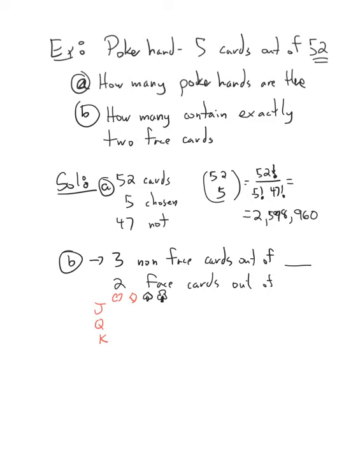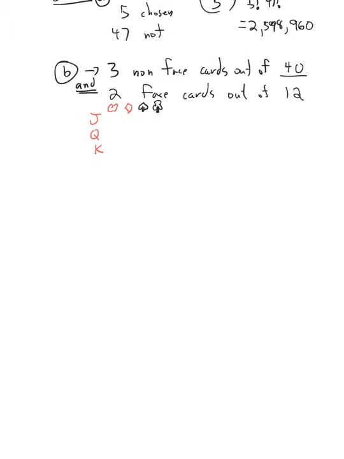We have 3 types of face cards for 4 suits, so there are 12 face cards, which means the other 40 are non-face cards. So I'll put an "and" here as well to remind us we need to do both. 3 cards out of 40 and 2 face cards out of 12. So that's what we're doing here.